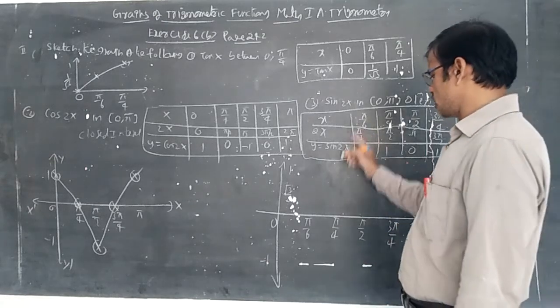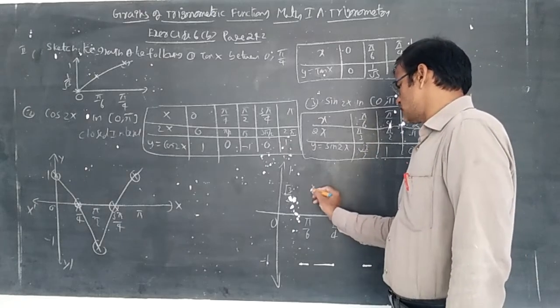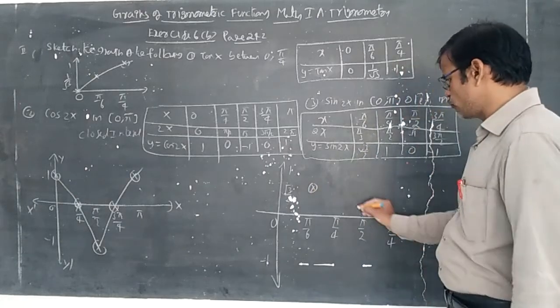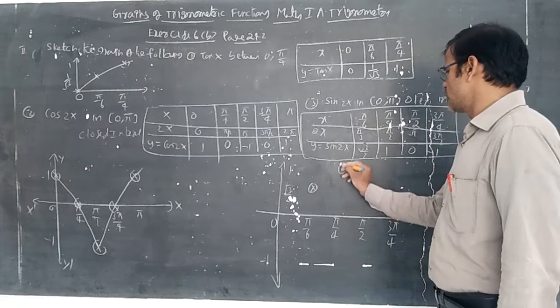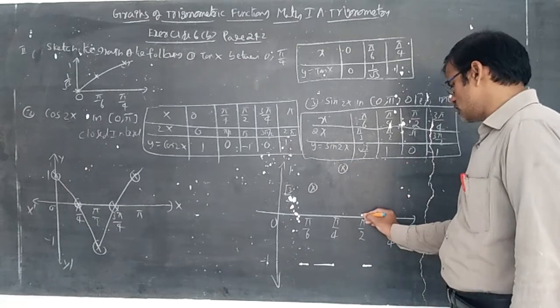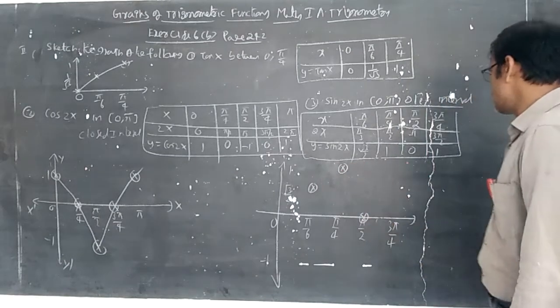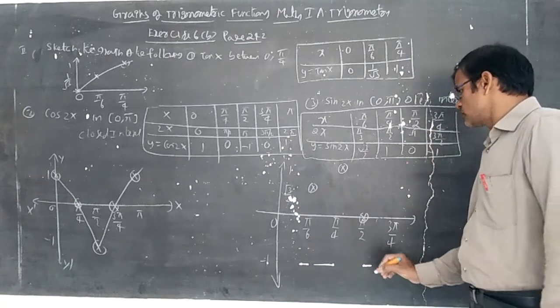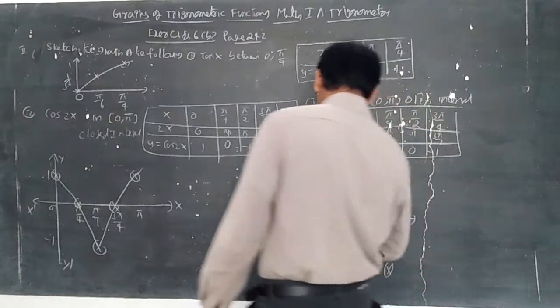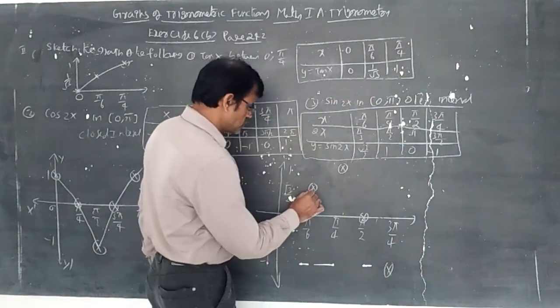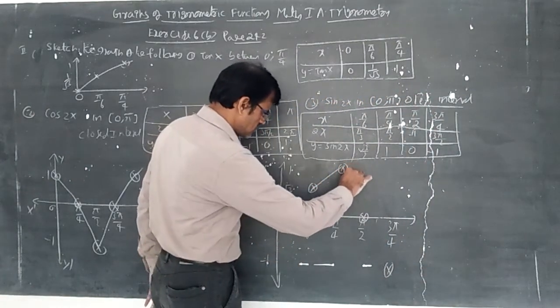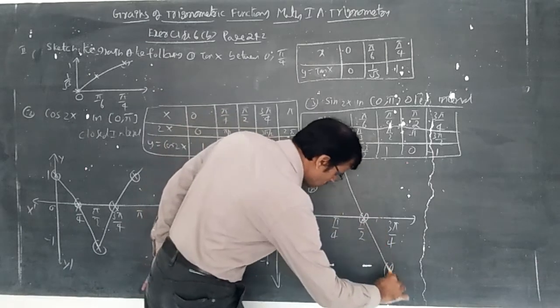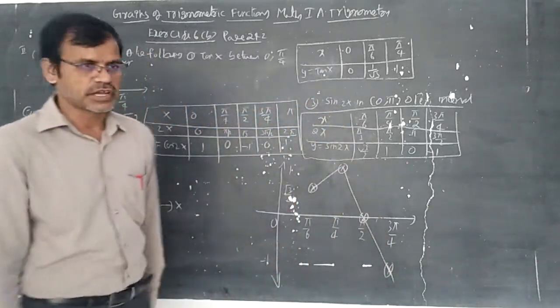Indicate that at pi by 6 root 3 by 2 is there, and at pi by 4 1 is there, and at pi by 2 it is 0, and at 3 pi by 4 it is minus 1. So draw like this with free hand. Don't join the 0 points, students. Simply like that.